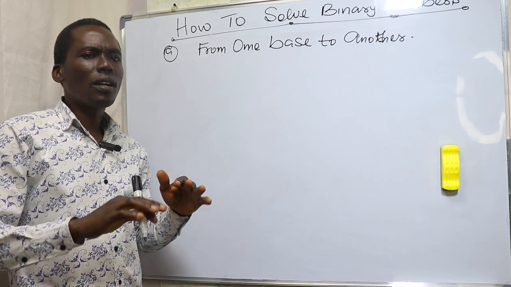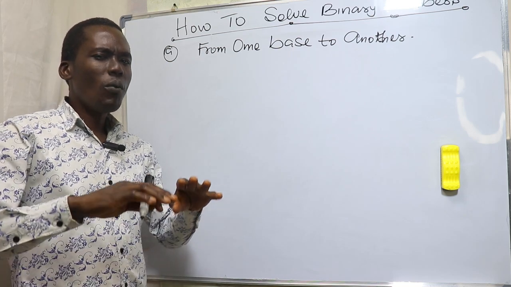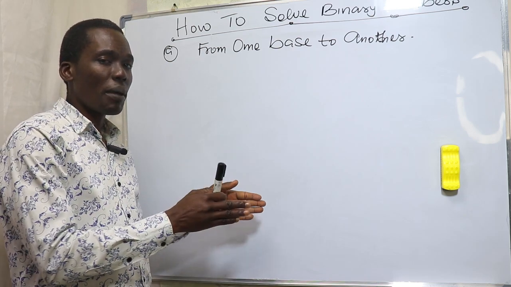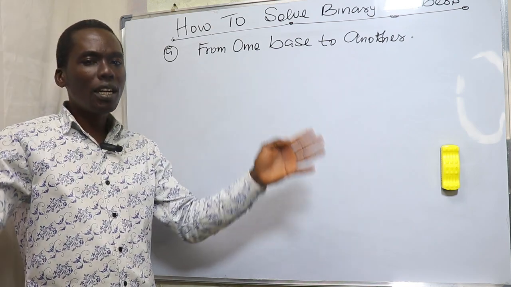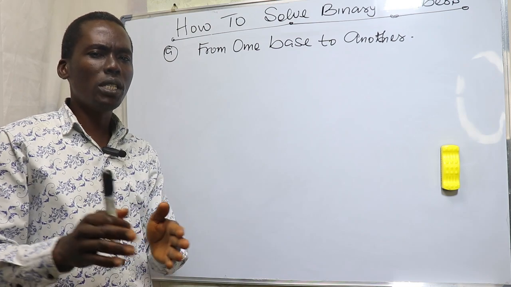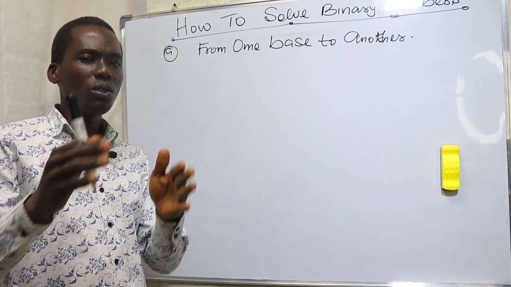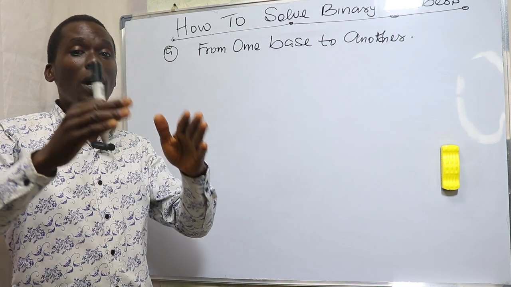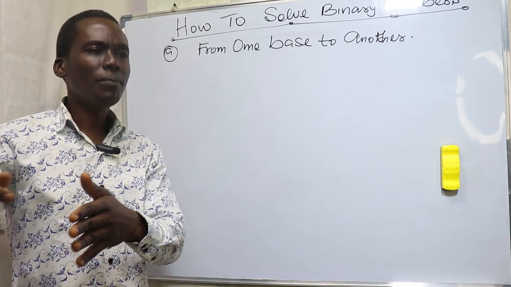Number bases na way of counting numbers, and when we count number, we either count number in base 2 or in base 10. Base 10 na the international way of counting number. Some people go say 10 plus 10 go give you 20, 10 plus 20 go give you 30, 10 plus 100 go give you 110. That one na calculation in base 10, or we dey call am the denary.